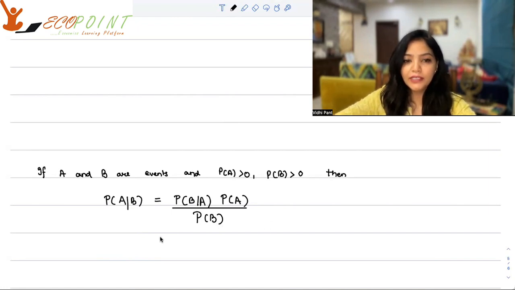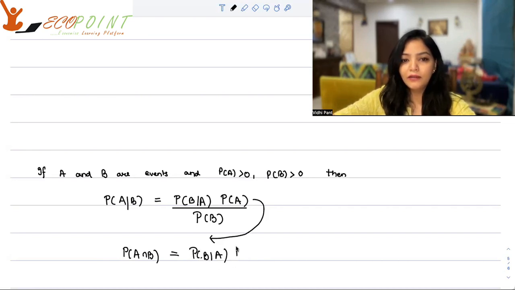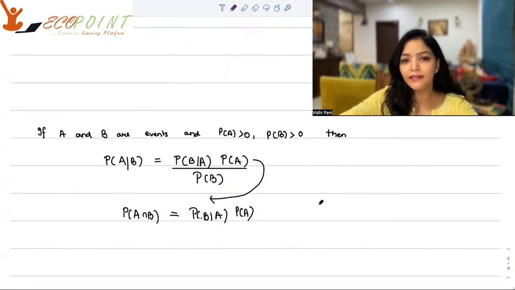So what has just happened here? What has happened here is that probability A intersection B, we have been able to write it down as probability B conditional to A multiplied by probability A. And where are we getting this from?